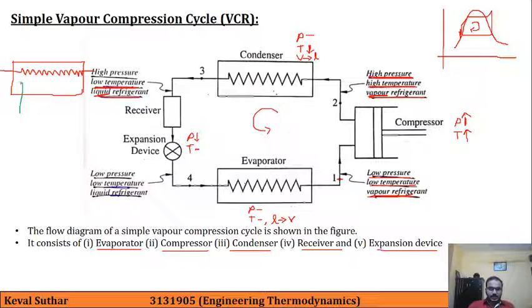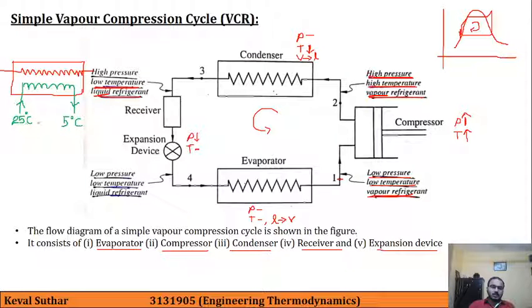So here let's say that this is a pipeline or coils that we have for water, which we need to cool down. Let's say this inlet is at 25 degrees Celsius and the exit is 5 degrees Celsius. So our objective is achieved here, that we are cooling it from 25 degrees Celsius to 5 degrees Celsius.